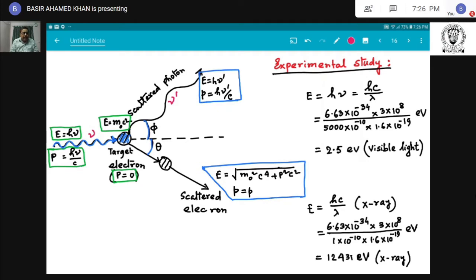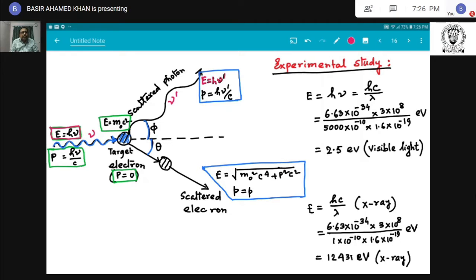The energy of the incident photon is E equal to h nu, and the scattered photon energy is E equal to h nu prime.